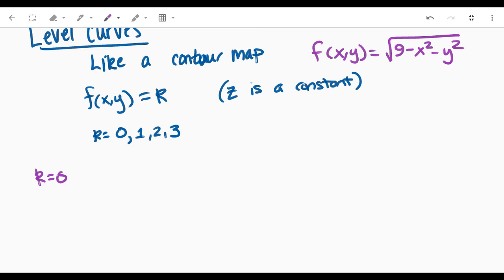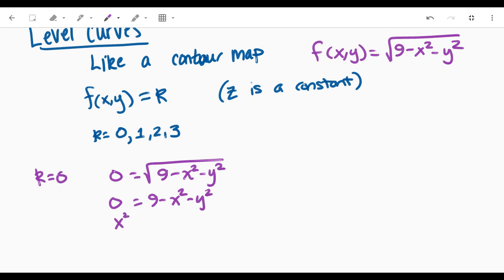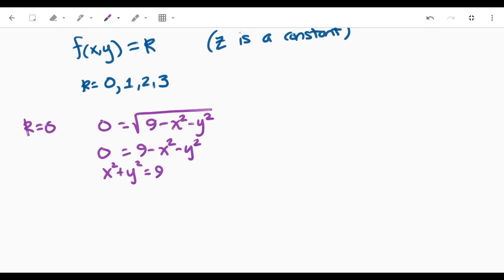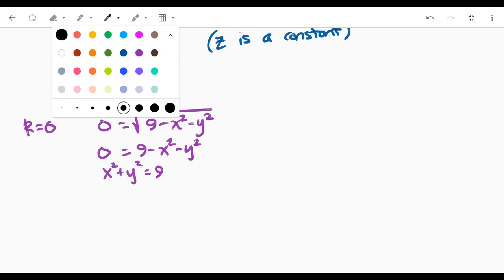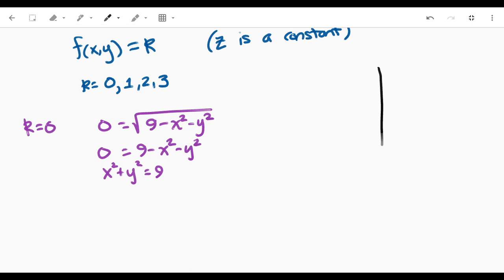So if k equals 0, then 0 equals the square root of 9 minus x squared minus y squared. So 0 would be 9 minus x squared minus y squared. So x squared plus y squared equals 9. And we know that that's a circle centered at 0, 0 with a radius of 3. So that would be the level curve.